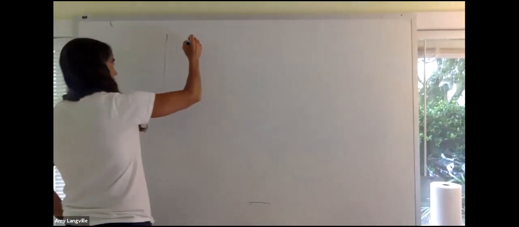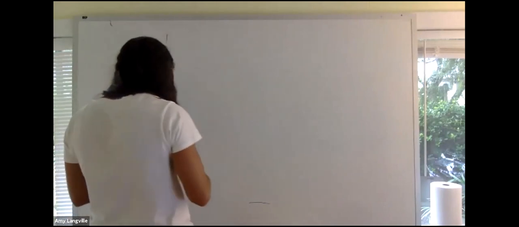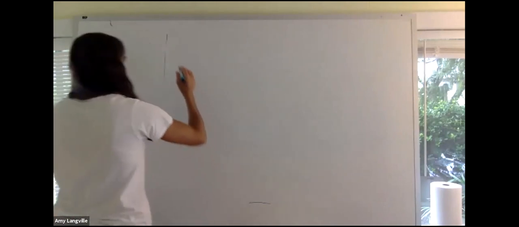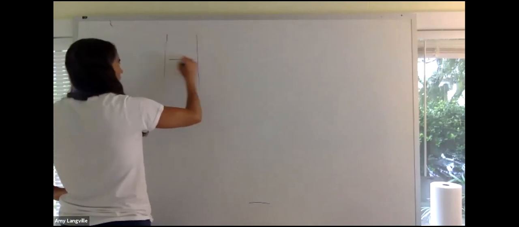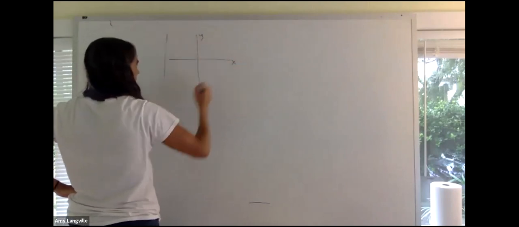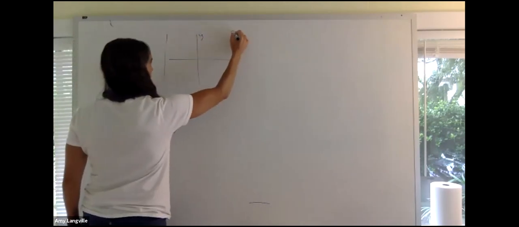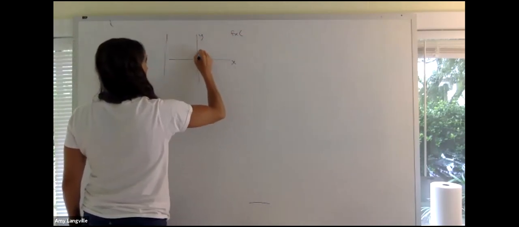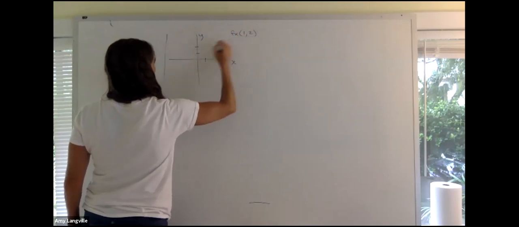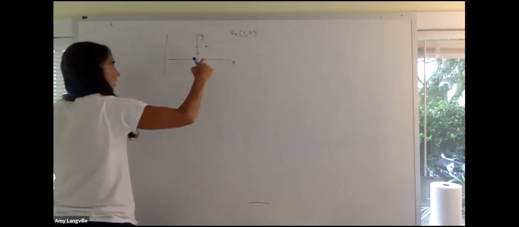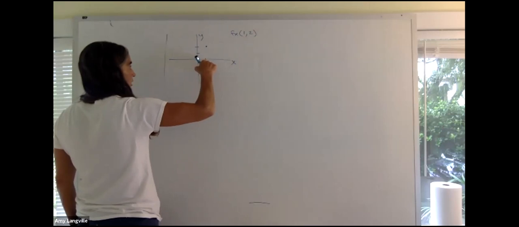So partial derivatives, you can only move, let's think about this on the xy plane. When I'm taking a partial with respect to x at some point, let's say (1, 2), I can only move in the x direction.